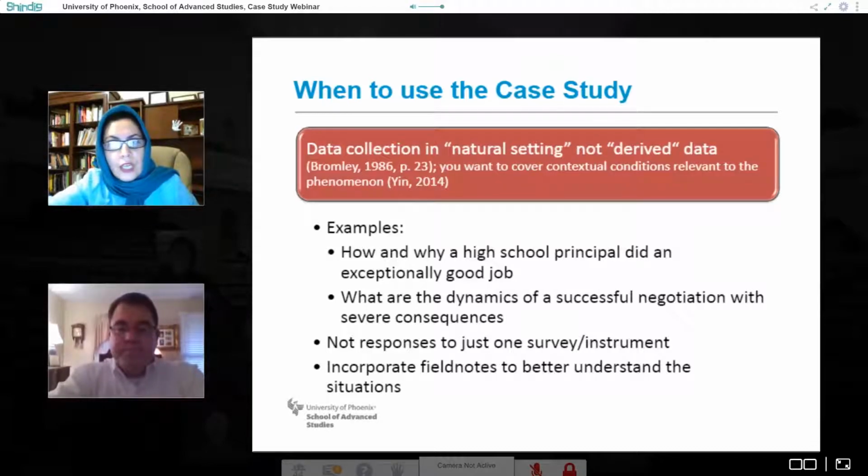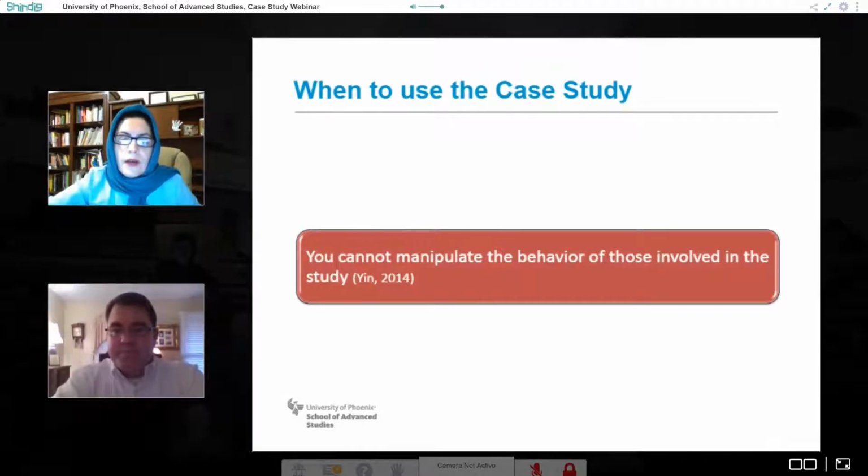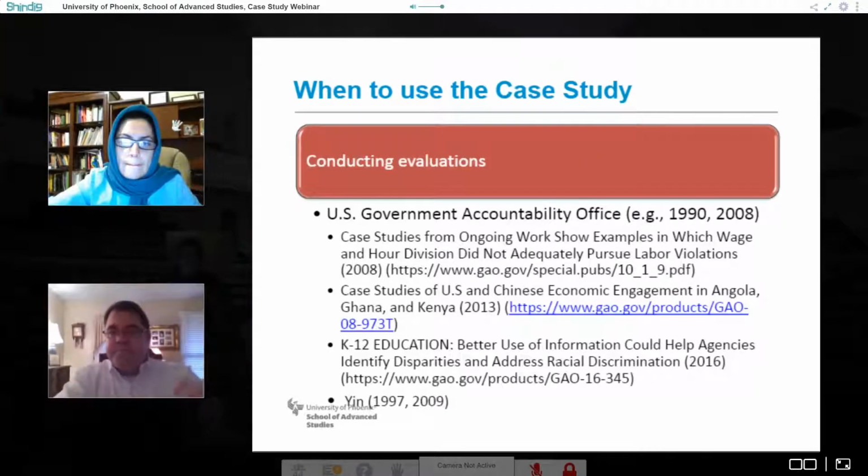If you cannot do it, then maybe case study is not the right design for you. Also, in case study, we are not manipulating the behavior of the people. We are not manipulating any variable as we do mostly in quantitative research, but in case study we don't do such a thing.